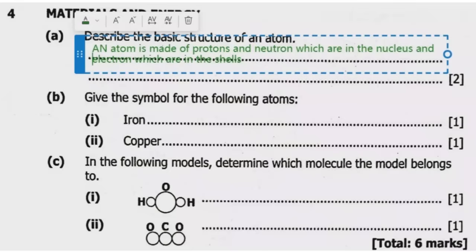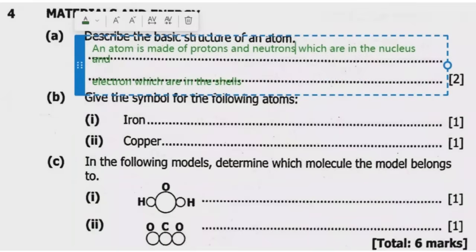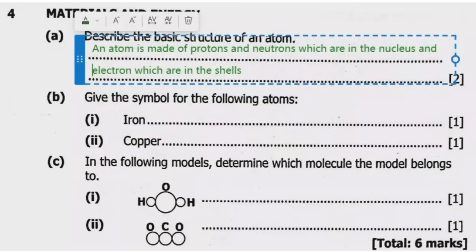So an atom is made up of protons and neutrons, which are in the nucleus, and electrons, which are in the shells.